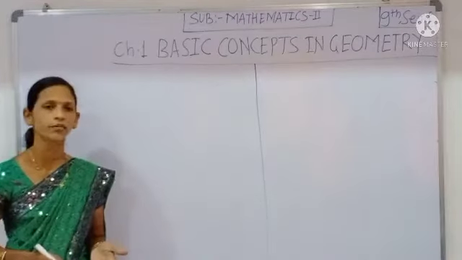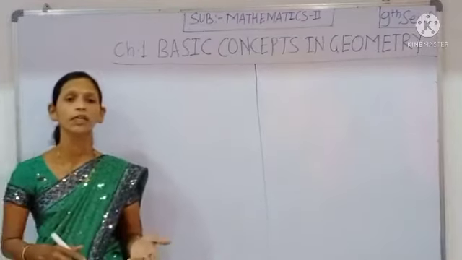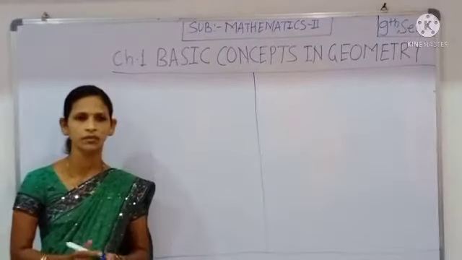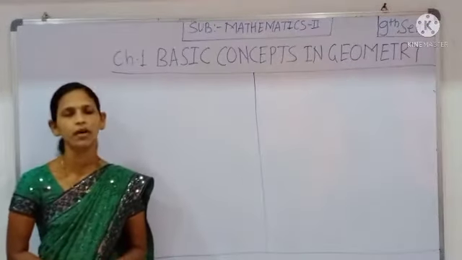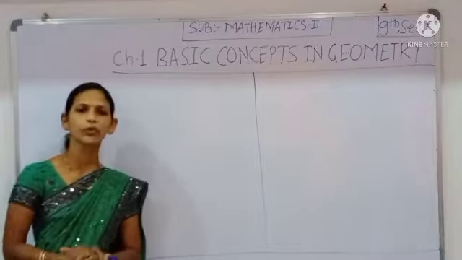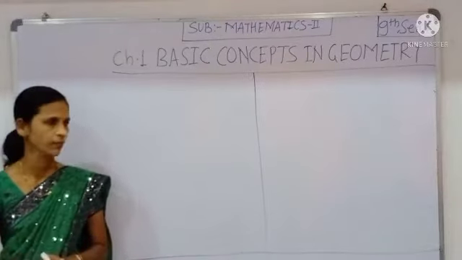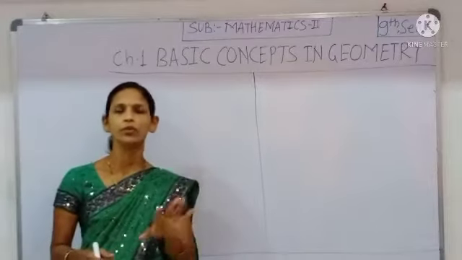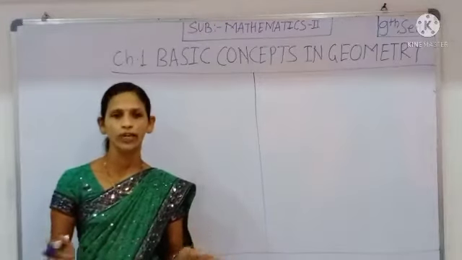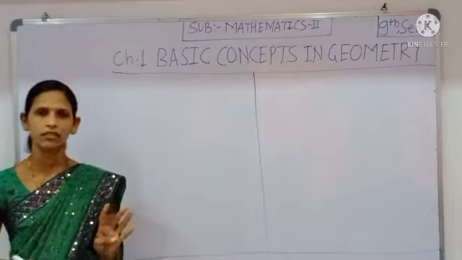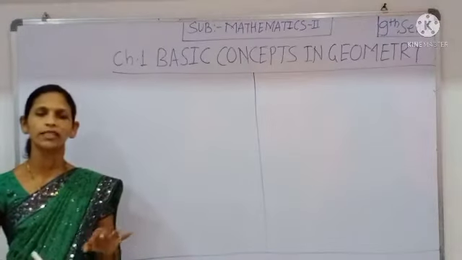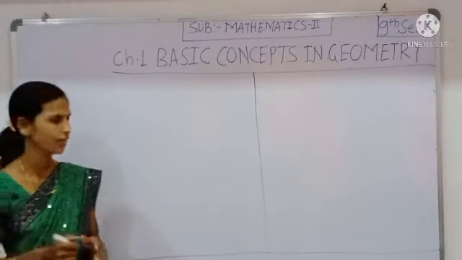All of you studied that logically proved geometrical statements are called theorems, and a theorem can be proved in two ways, that is, the direct method as well as the indirect method.